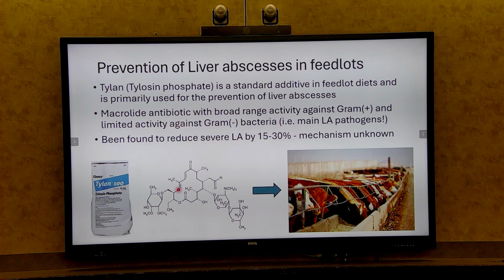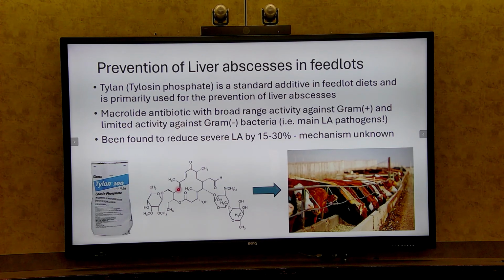This is also something that's quite interesting, because the two organisms I was talking about are what are called gram-negative. It's related to the structure of the cellular membrane of the bacteria. So if the macrolide has limited activity against gram-negatives, why does it actually help to reduce liver abscesses?